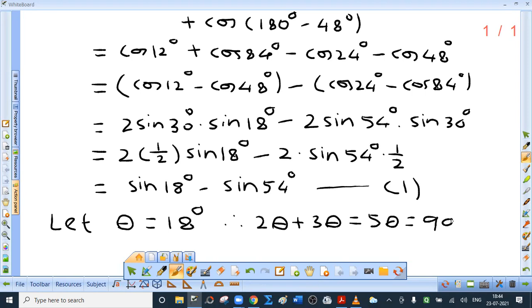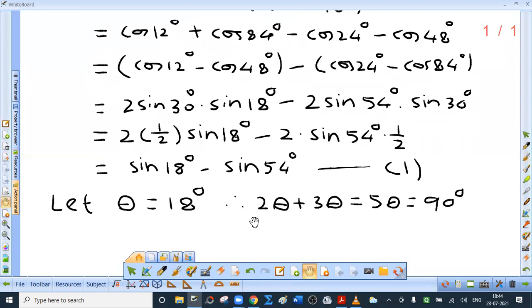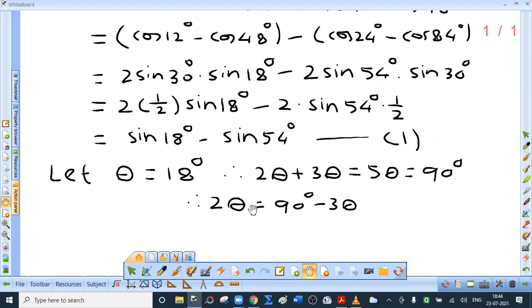So it is 90 degree. So can I say 2 theta is 90 degree minus 3 theta? Yes, I can. If two angles are equal, their sine ratios are equal. So sine 2 theta equals sine of 90 degree minus 3 theta.